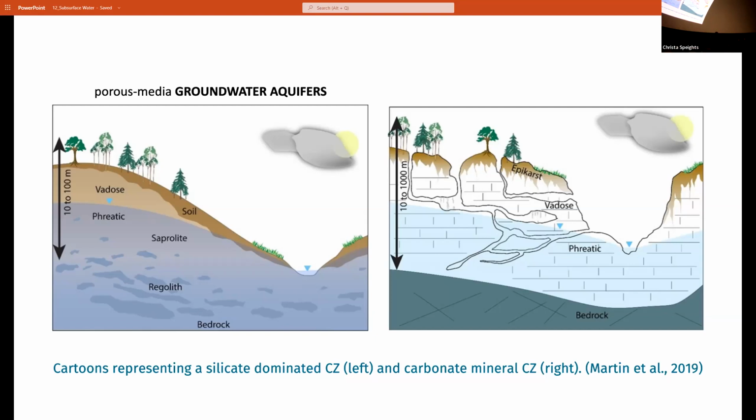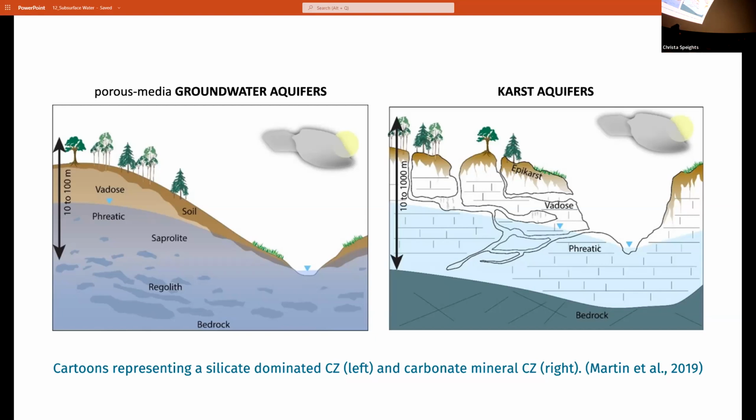These are what we refer to as porous media groundwater aquifers when we're talking about the water that's being stored underground. On the other end, we have our carbonate critical zone. The carbonate rocks are limestones and dolomites, and this is where we have a role for the rocks being dissolved out by the groundwater and creating larger pore spaces up through caves.